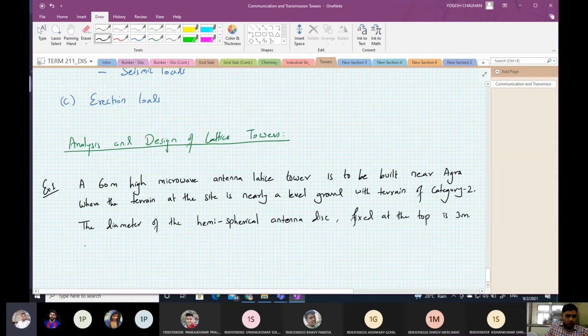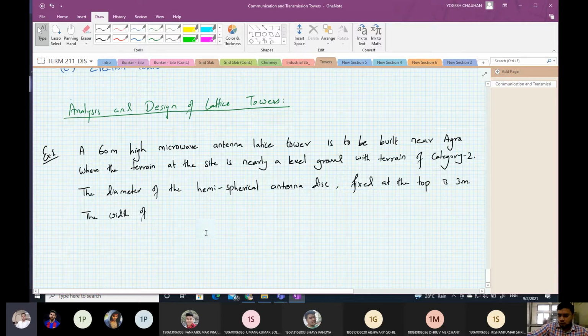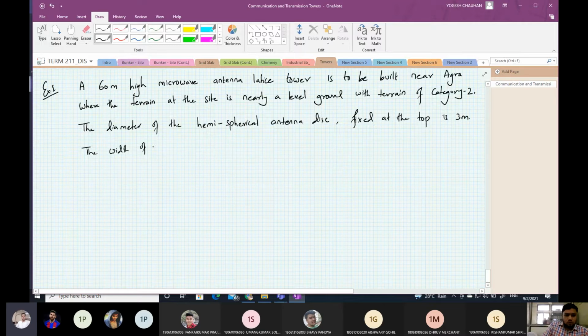The width of the tower at the top has to be 3.5 meters.